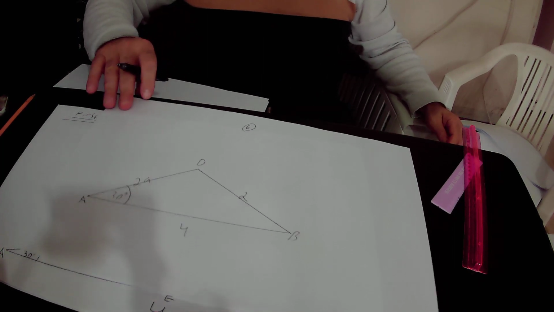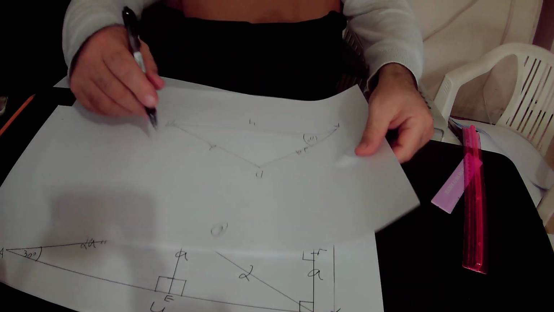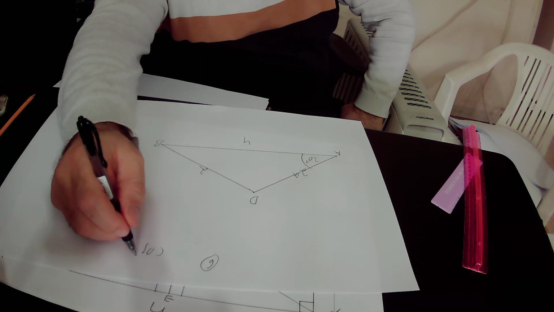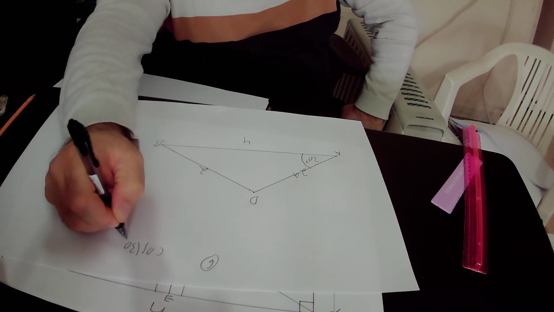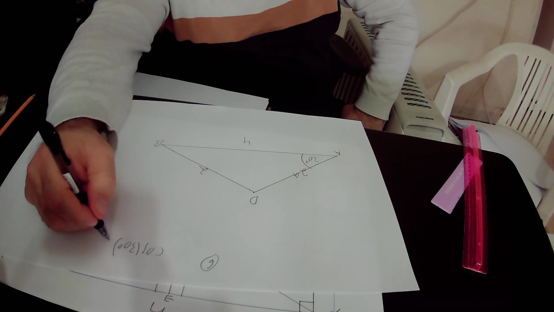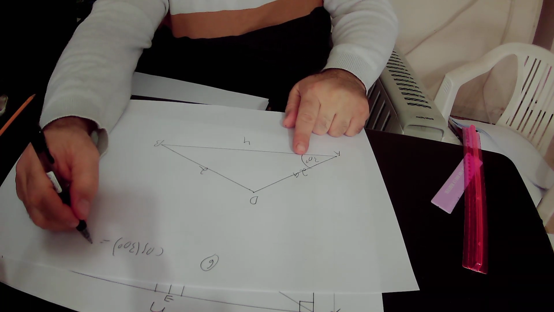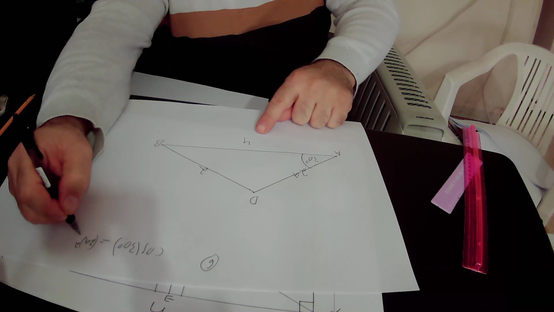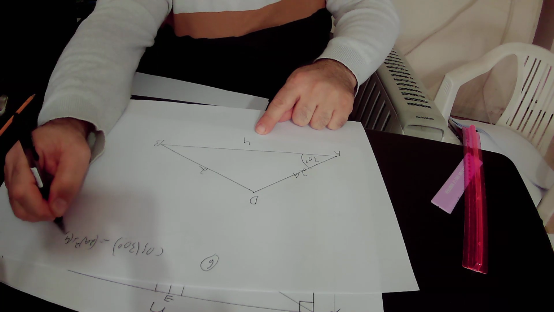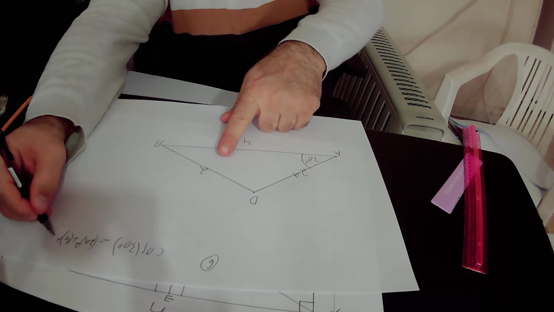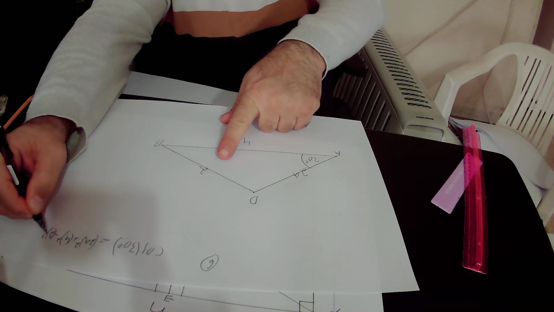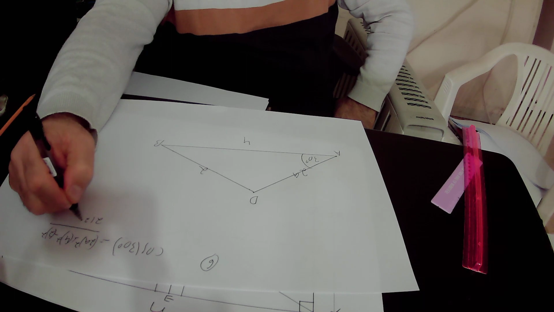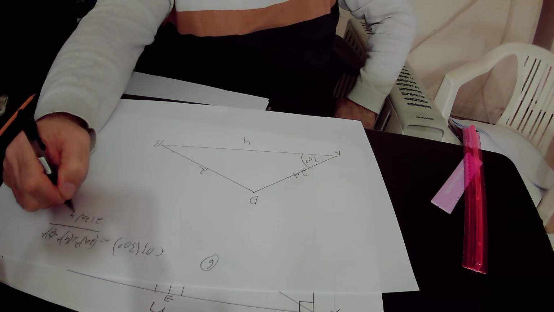According to the law of cosines, cosine 30 degrees in triangle ADB will be equal to 2a squared plus 4 squared minus 2 squared over 2 times 2a times 4.